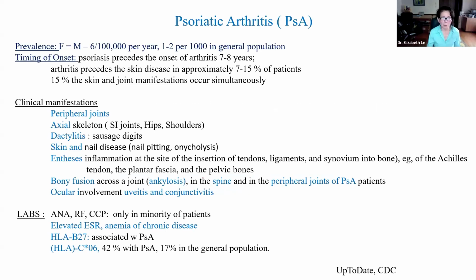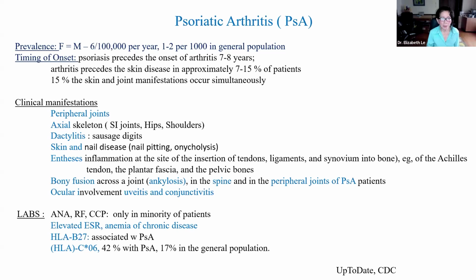Okay, quick word about psoriatic arthritis, because many times we will be challenged if we see so many different signs all over the skin or joints of a patient. Prevalence: female and male is about the same, 6 out of 100,000 per year, 1 or 2 per 1,000 in the general population.